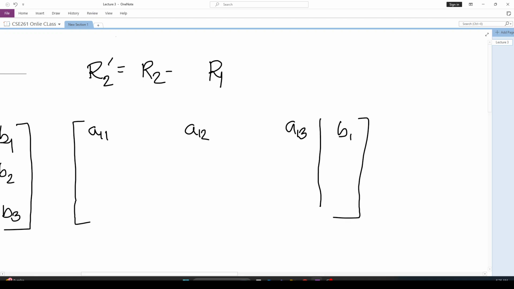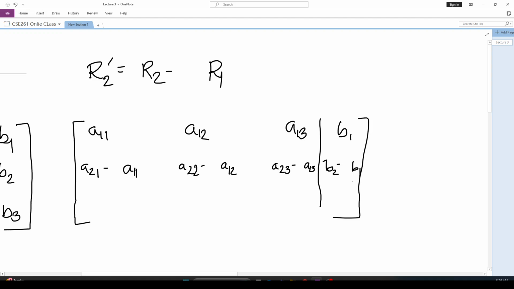So next up is r2 minus r1, so it will be a21 minus a11, a22 minus a12, a23 minus a13, and this one will be b2 minus b1.